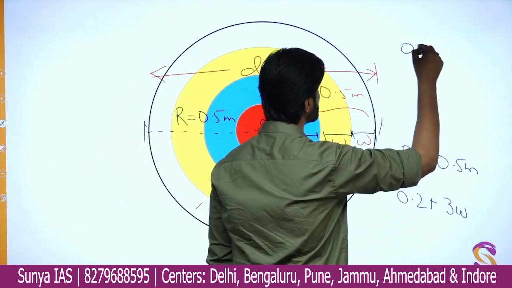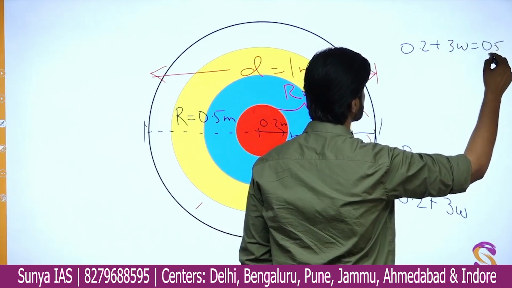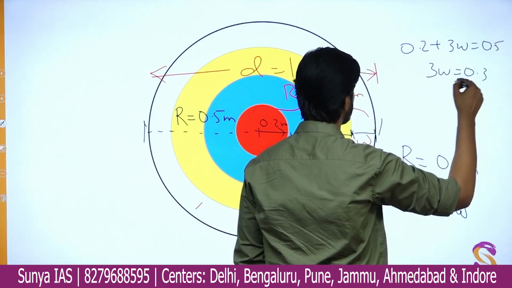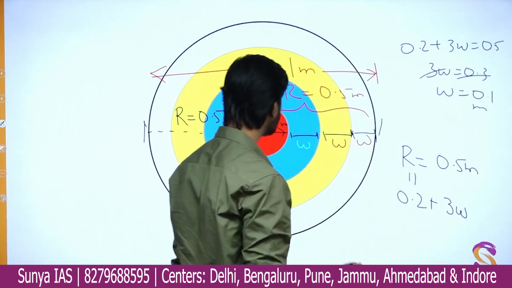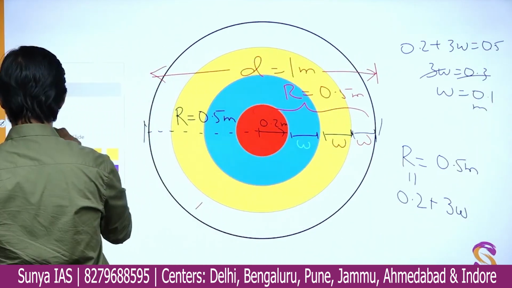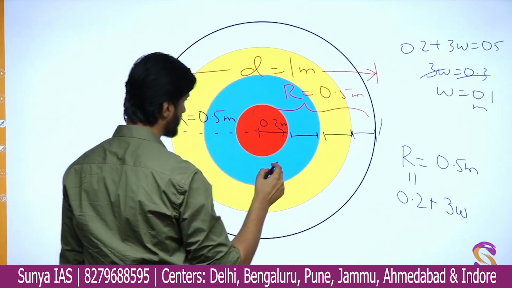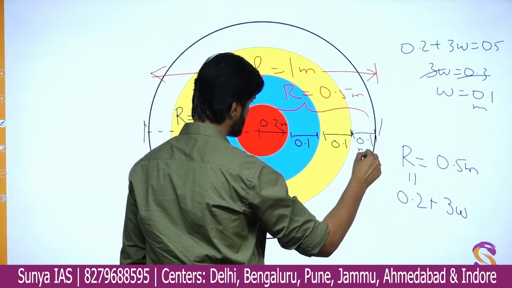We can say 0.2 plus 3W is equal to 0.5. 3W is equal to 0.3, and we can say W is simply equal to 0.1 meter. So all these widths are 0.1, 0.1 and 0.1 meter.